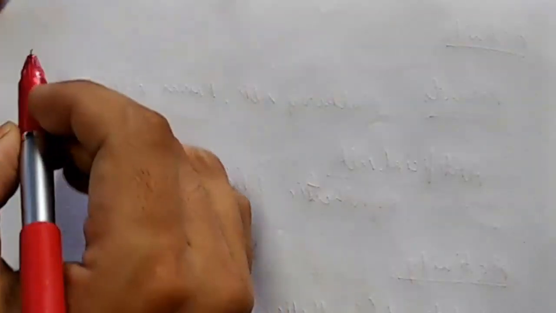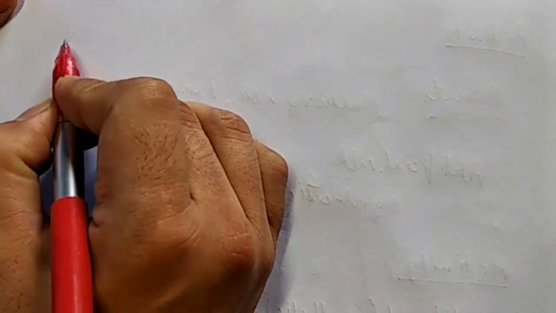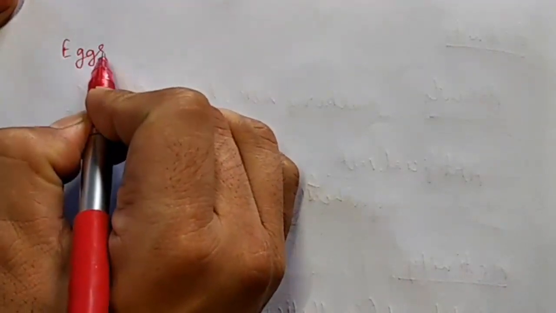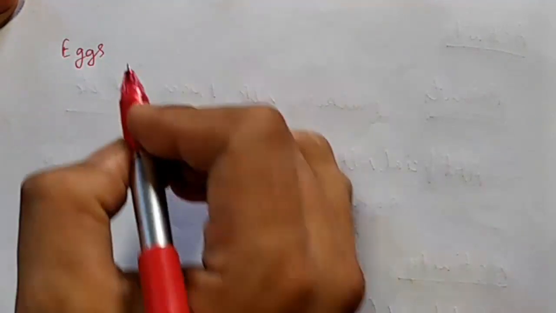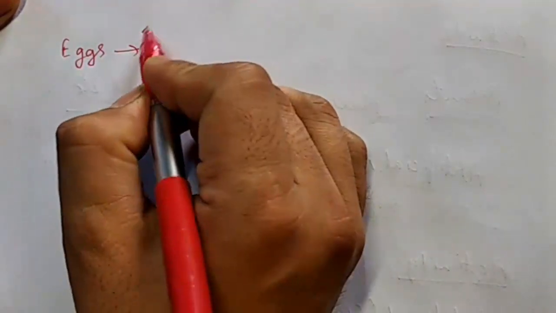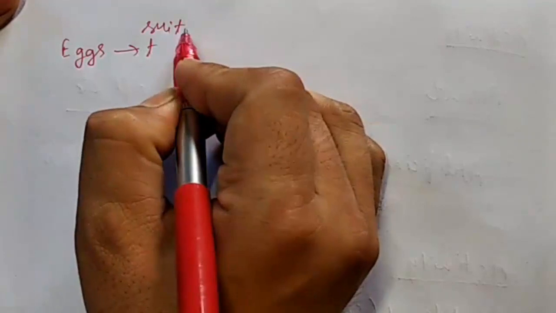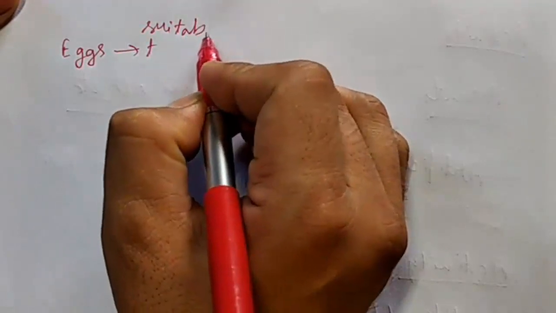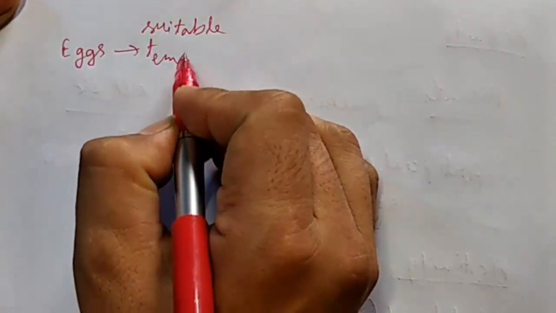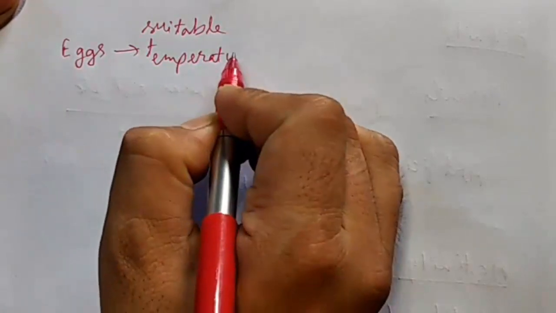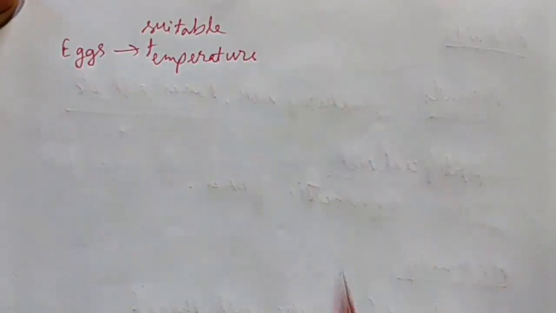And then these eggs are warmed to a suitable temperature for the larvae to hatch from the eggs.